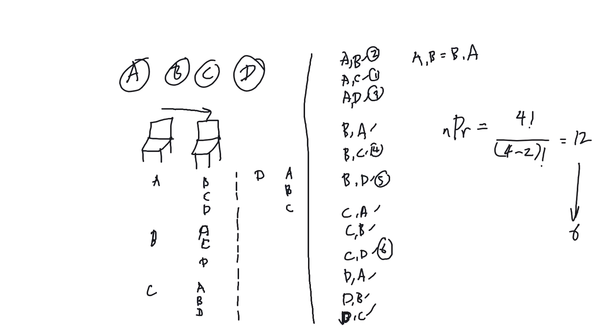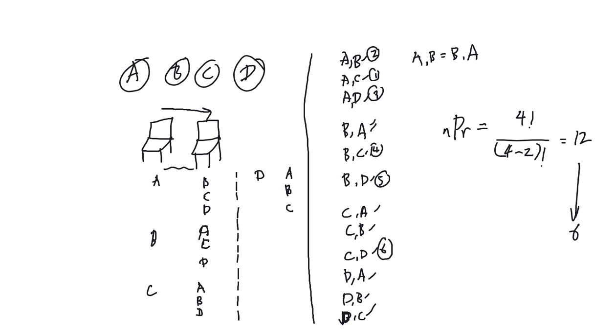So what is actually happening here is that in your arrangement, the sequence involves 2 positions. And since we neglect the sequence, we can consider, for example, AB equal to BA.